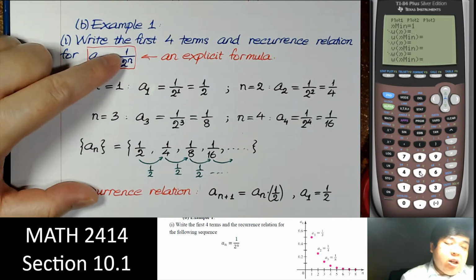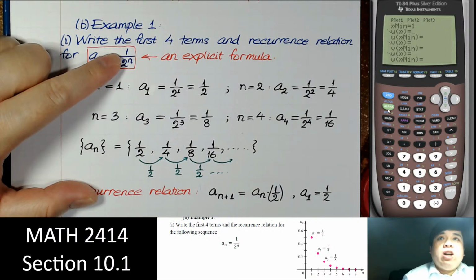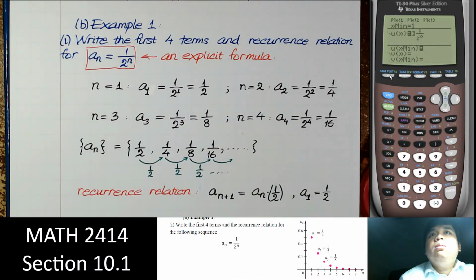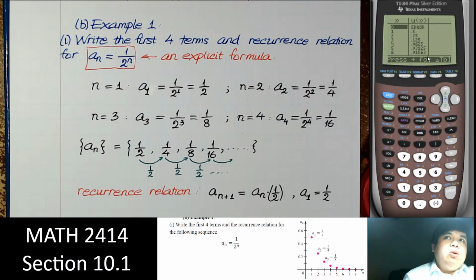We could enter the sequence like 1, I'll use the fraction, 2, alpha y equals, 1 over 2 to the n power. Right? And then we see the sequence of numbers. Second graph, sorry. So 1/2, 1/4, and so on.